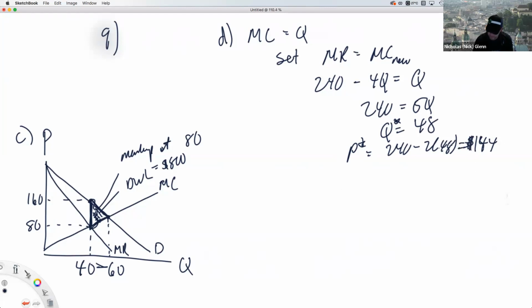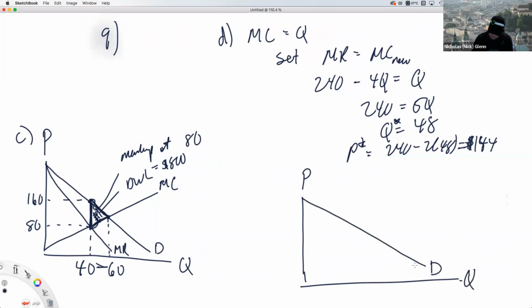So let's draw this. All right, as you see, we have a higher quantity that maximizes profit, and we have a lower price. So this is moving it towards a more efficient outcome. Like this is more efficient than the original one. There's more surplus now as a result of this. All right, so let's draw this out. Quantity.